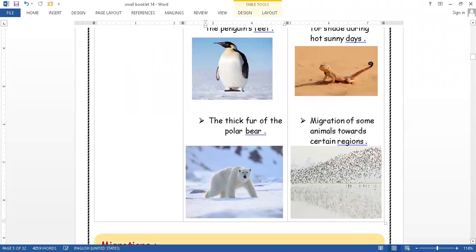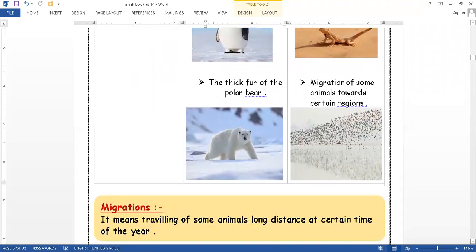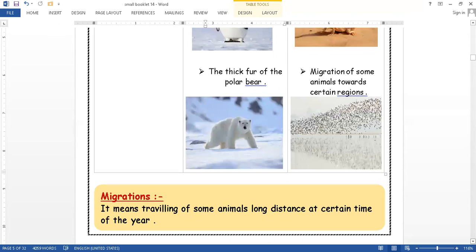Sometimes, Junior 4, we find that animals started to search for other places to live in. This behavior started to appear especially in case of tough or hard weather. Sometimes we found that some animals live in a specific area but decided suddenly to go to another area. Why?